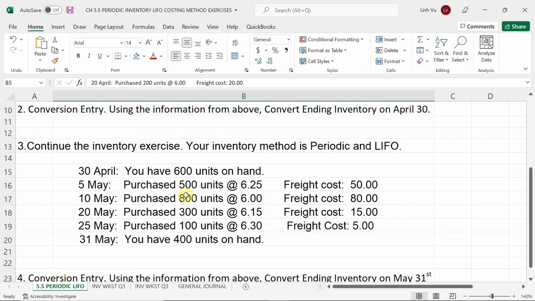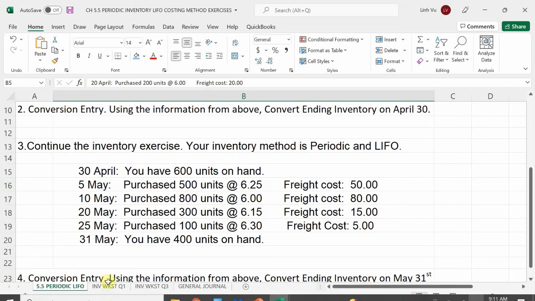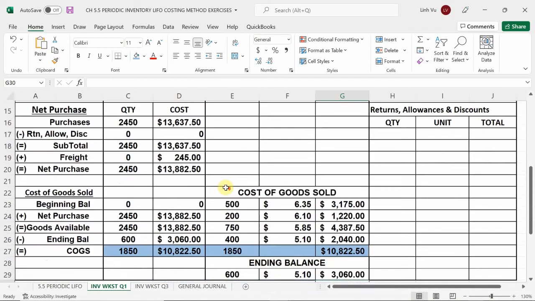So taking a look at this number, we have beginning inventory. On April 30th, we had 600 units on hand. And we know that because we calculated it as well, down below here.